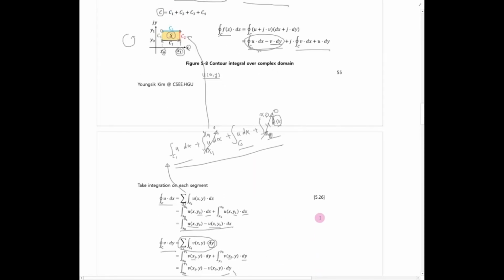Similarly, we can apply the same technique to the imaginary part of the integrations. So for the closed contour integration, this contour is this one, and v dx and u dy become the imaginary part of these closed integrations. Here shows the result.